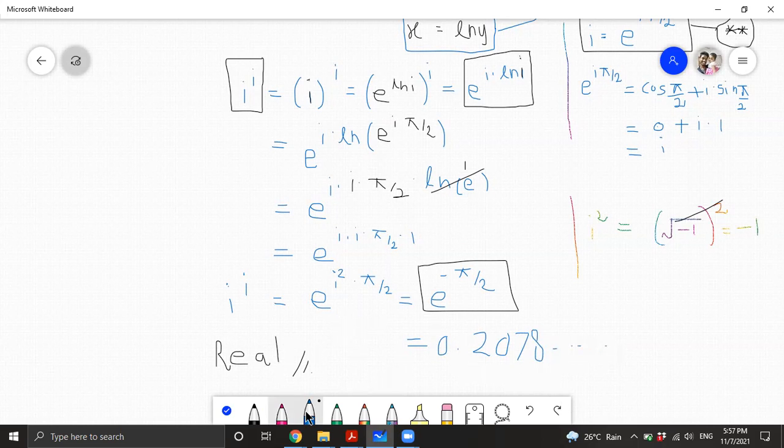So we have found that i to the power i is equal to e to the power minus pi by 2. If we calculate the exact value, it is equal to 0.2078. So from this we can conclude it is a real number.